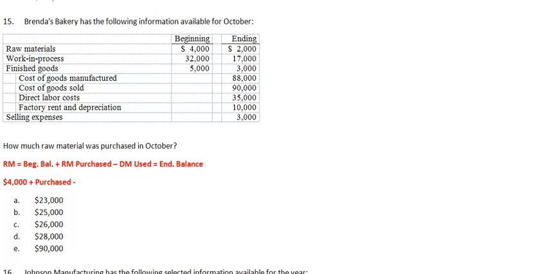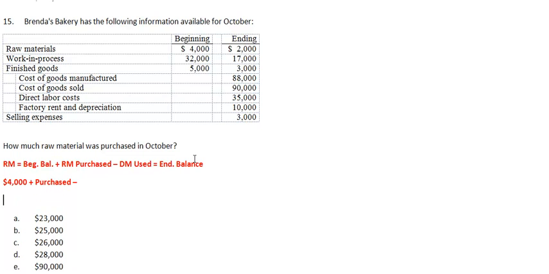Now, direct materials used, it doesn't outright tell us. If we glance up in here, we don't really know how many direct materials we used. So now we're really missing two pieces. So let's go on to work in process, because we know in work in process we deal with direct materials used. So in work in process, we started with an account balance of $32,000.